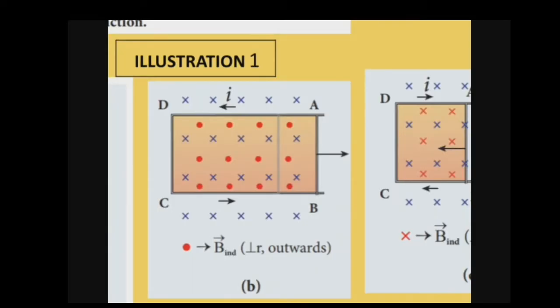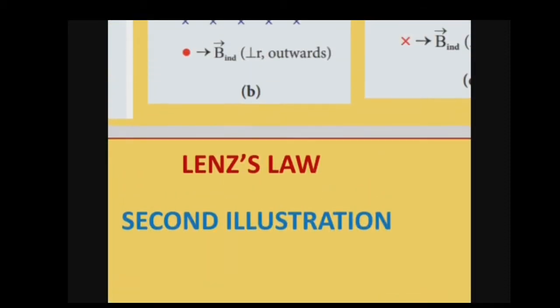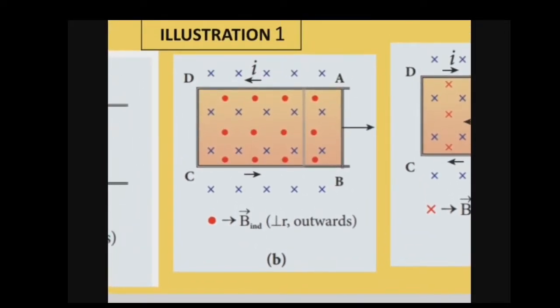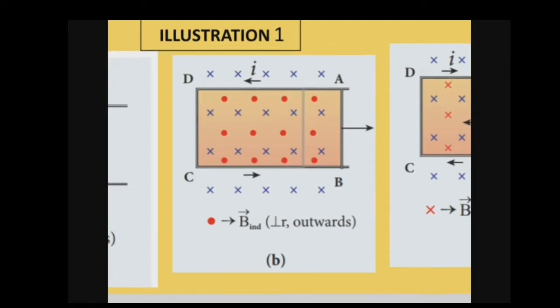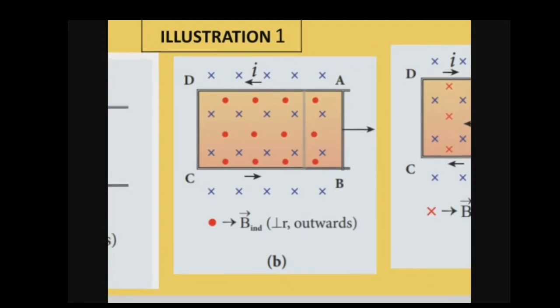Figure B. The arm AB is moved to the right side. The magnetic flux increases, and the induced current opposes it, as suggested by Lenz's law.